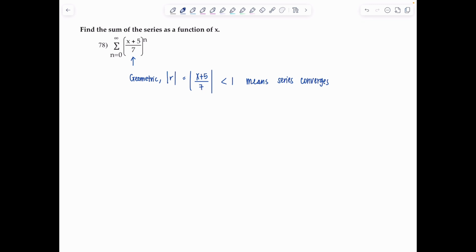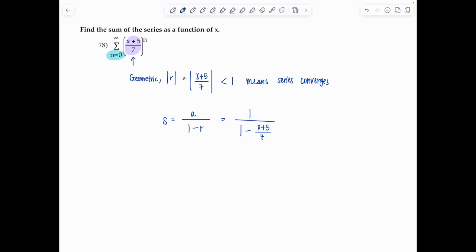So if I'm going to find the sum, it's going to be the first term over 1 minus r. And what's the first term of this series? Well, it starts at n equals 0. So if I have all of this stuff raised to the 0, the first term's just 1 over 1 minus the ratio here, x plus 5 over 7.